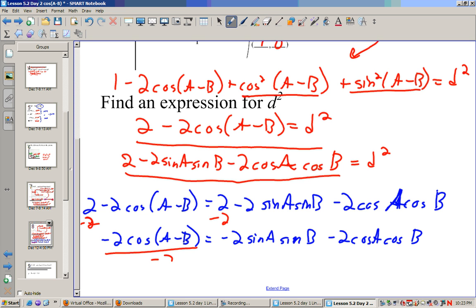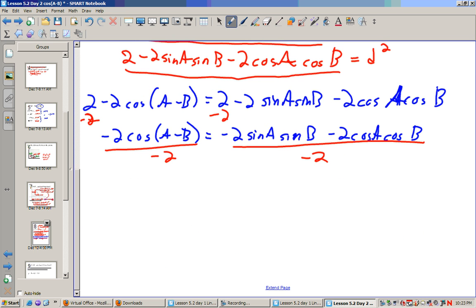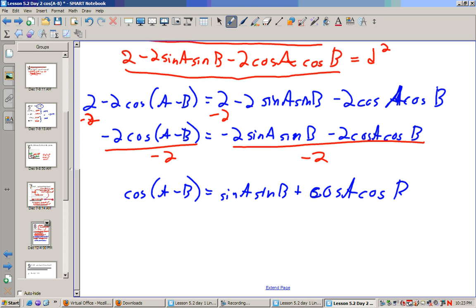Then I divide both sides by negative 2. And when I do that, I get the cosine of a minus b is equal to negative 2 divided by negative 2 is sine a sine b. Negative 2 divided by negative 2 is plus cosine a cosine b.